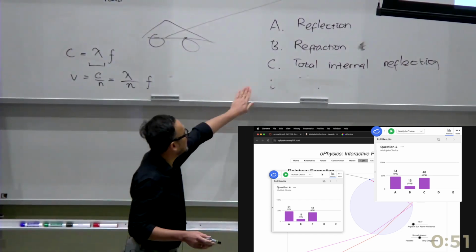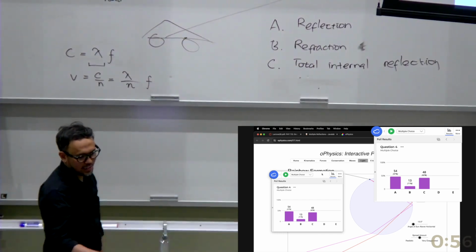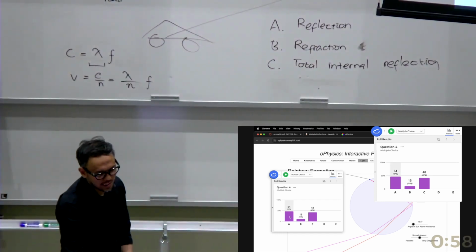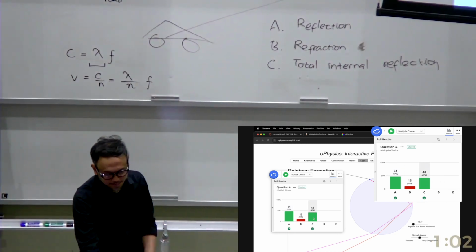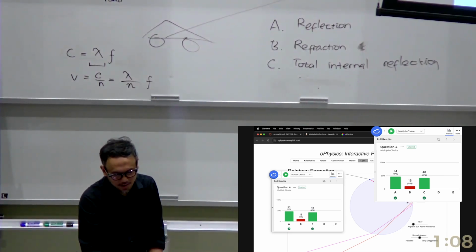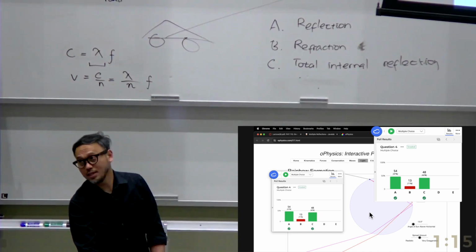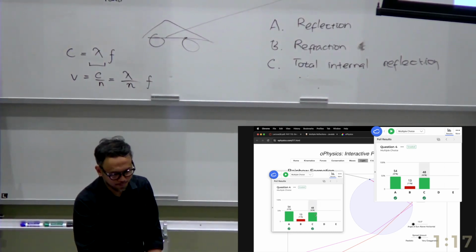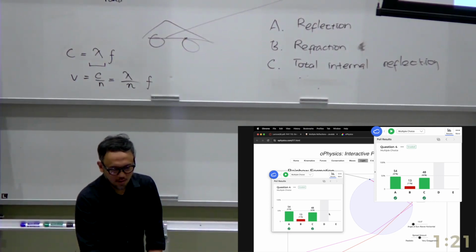A is actually correct, but C is far more correct than A. So I'll take A and C, but the answer that I'm looking for is C. To fully convince you that the answer is C, you need to know the critical angle between water droplet and air. But on the exam, the answer is C, not A. And I may throw in dispersion and other things.